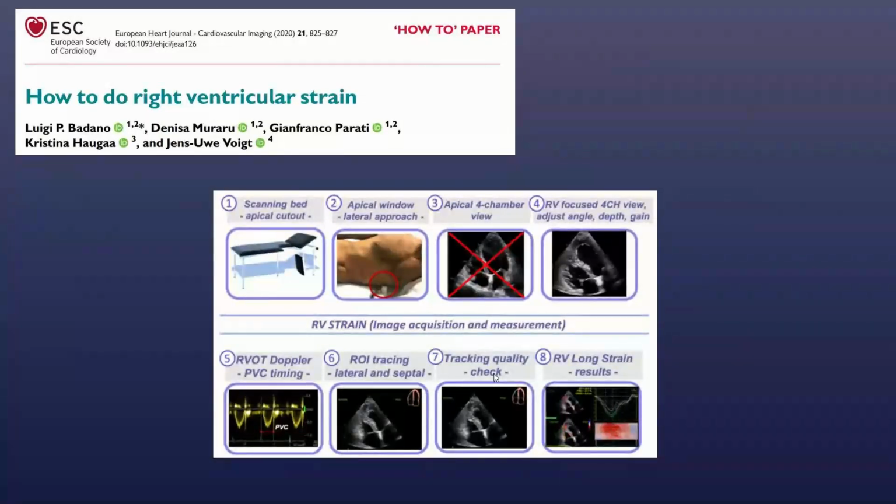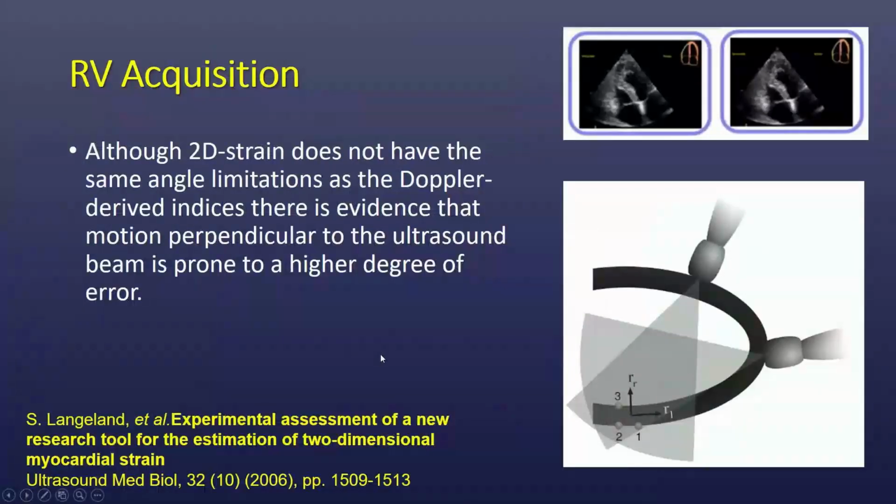And as you can see, they suggest obtaining a modified apical four-chamber view in order to better focus on the right ventricle, not to use the standard apical four-chamber view. Personally, I have a problem with this recommendation because we know that although 2D strain does not have the same angle dependency of the Doppler-derived technique, there is still some angle dependence. So we should not be perpendicular.